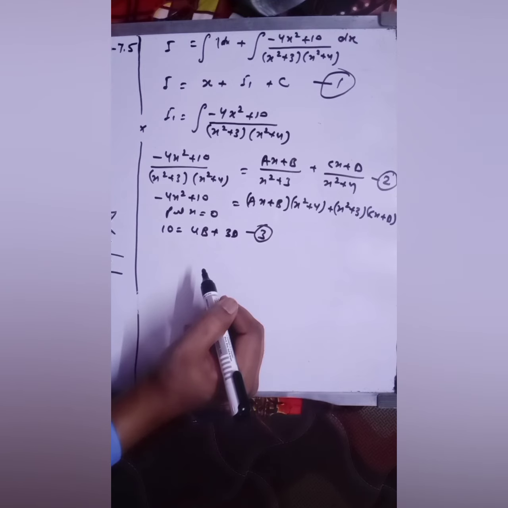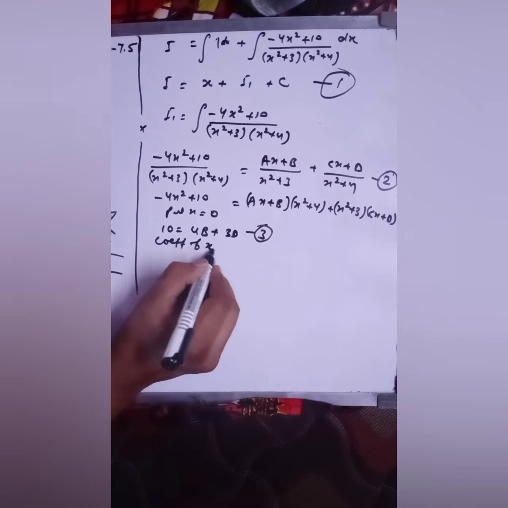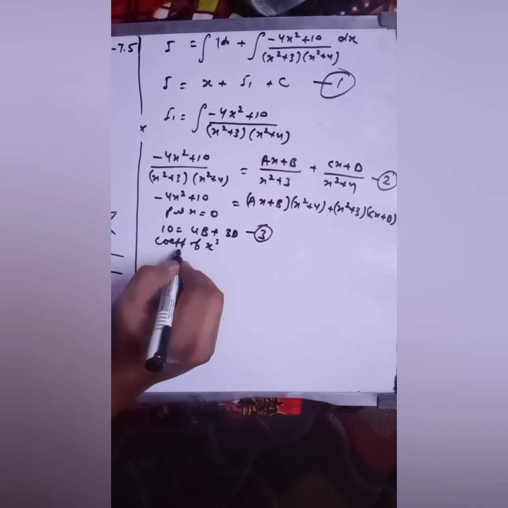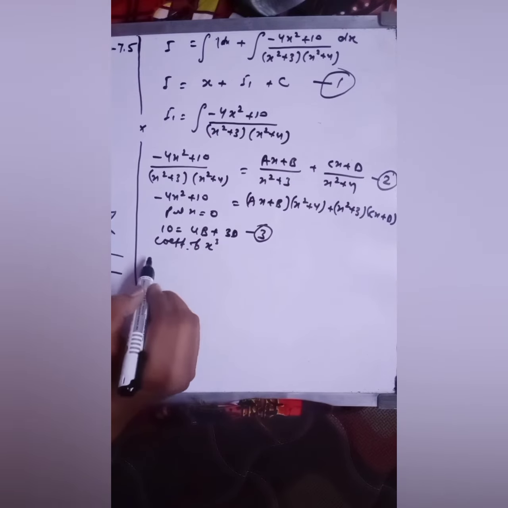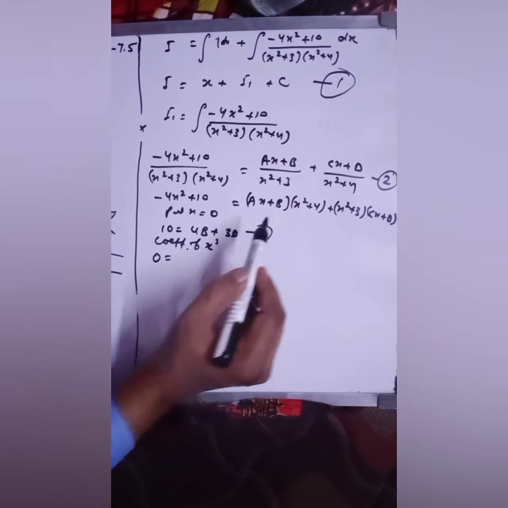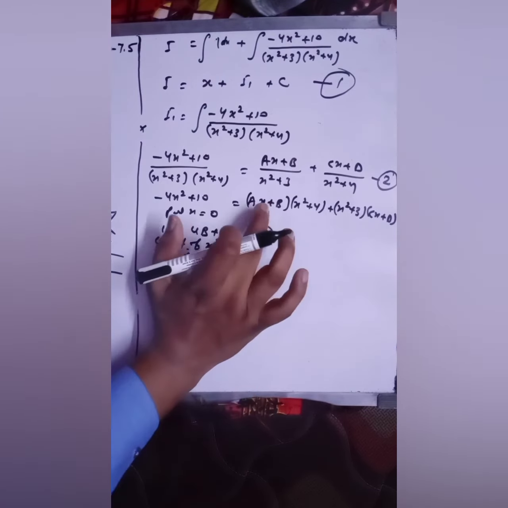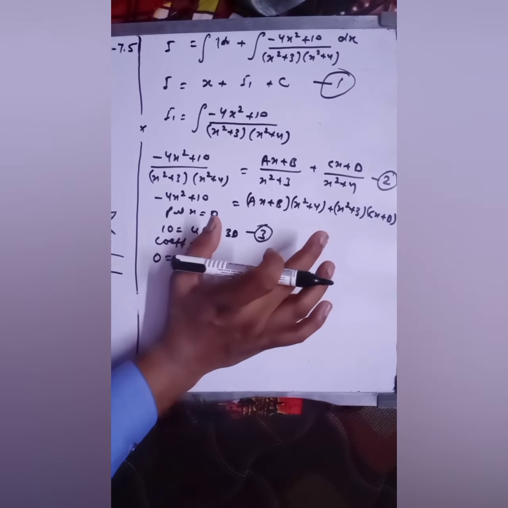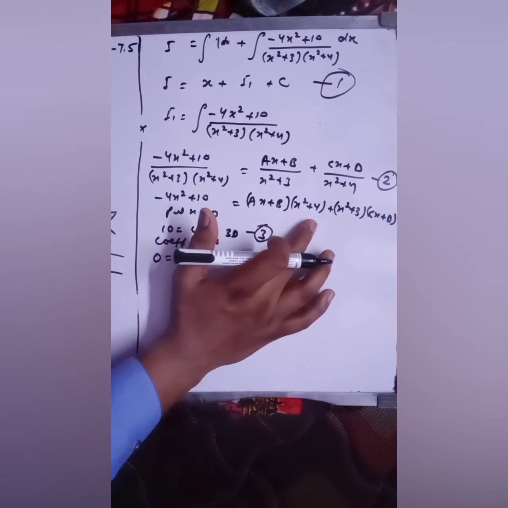Now we are comparing the coefficient of x cube. So here there is no x cube term on the left hand side, so you will take 0. On the right, you will take a, because when you multiply, if you are getting a problem finding the coefficients, please multiply each term.